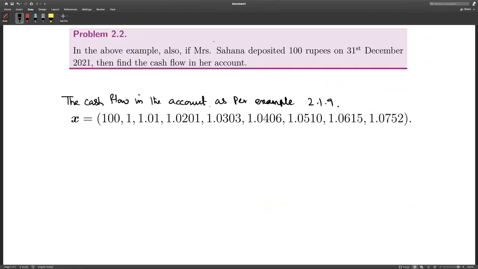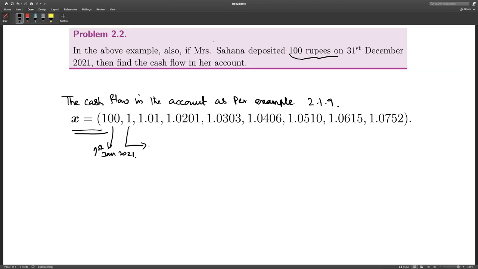So the cash flow in the account as per the example is given like this. And now Mrs. Sahana deposited another 100 rupees in the account on the 31st of December.